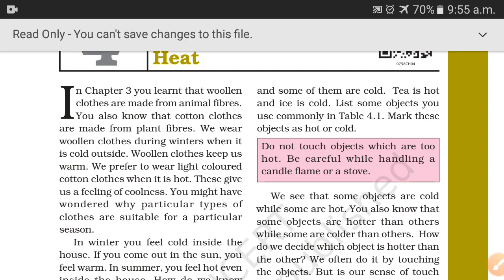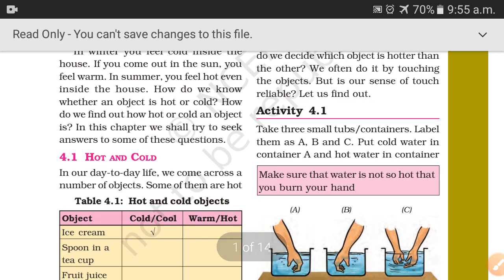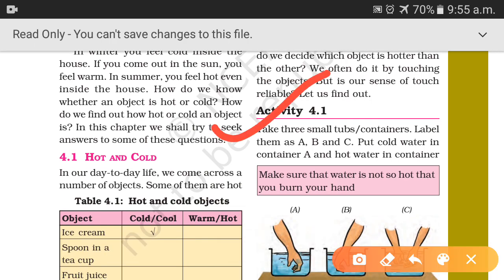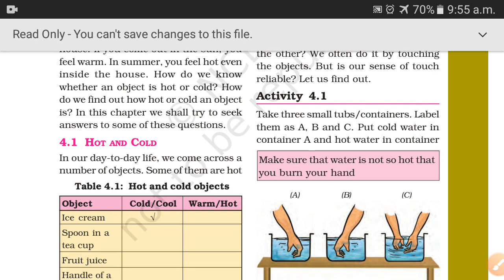To understand this, we will perform this activity. See activity 4.1. This activity will tell us whether the sense of touch is always right in judging whether things are hot or cold. In this activity you have to take 3 small tubs or containers.